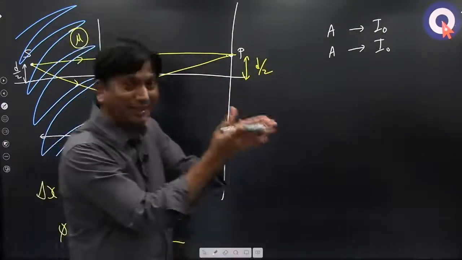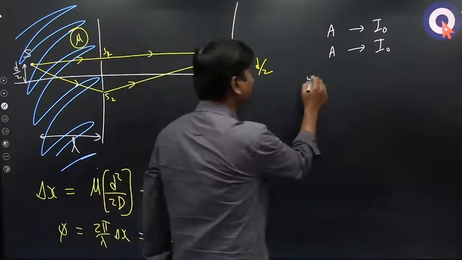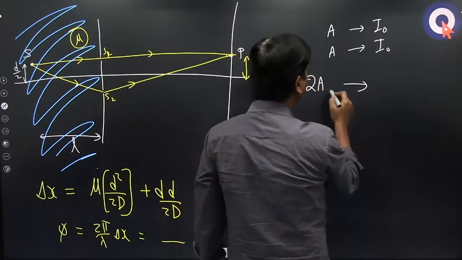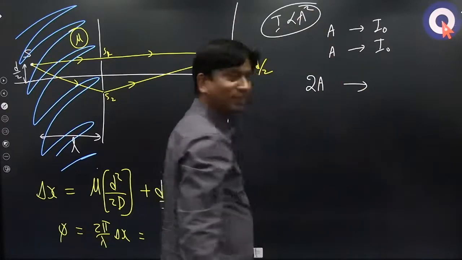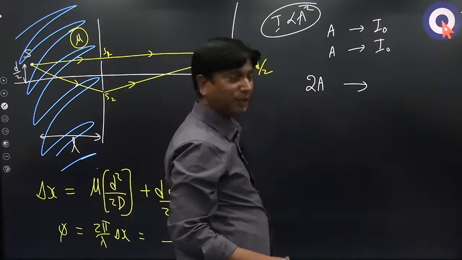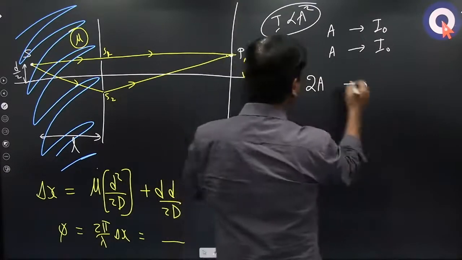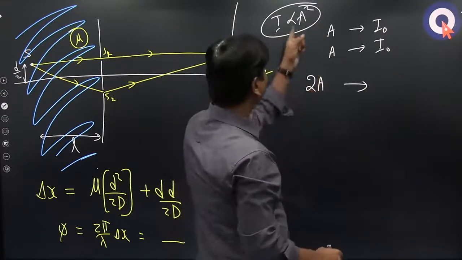If both of them are in the same phase, both in the same direction, you will get the resultant as 2A. Because intensity is directly proportional to A square, right or not? So for constructive interference, amplitude becomes 2A. So 2A whole square, because amplitude is getting doubled, intensity becomes 4 times.